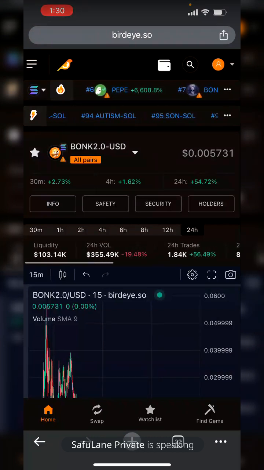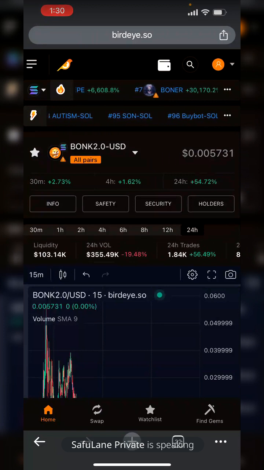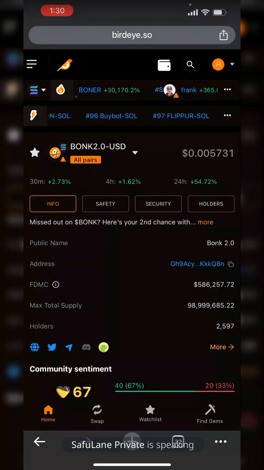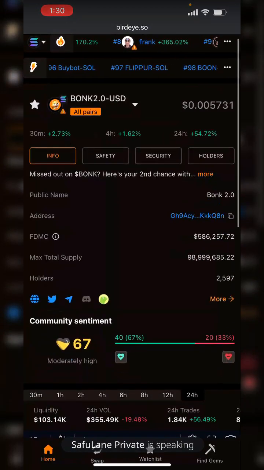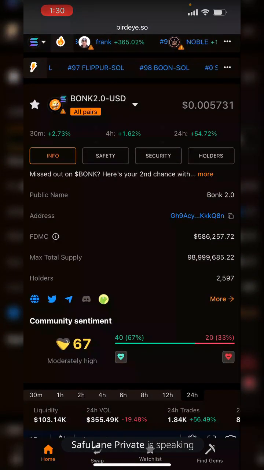Like I was saying, this is Bonk 2.0 that we dropped in our group. You can come here to check the information about this project. If you want to know the address, you can see it. You want to know the fully diluted market cap, it's around 586,000 now. I think when we dropped the signal, it was about $2 million market cap, and it went as much as 6 million.